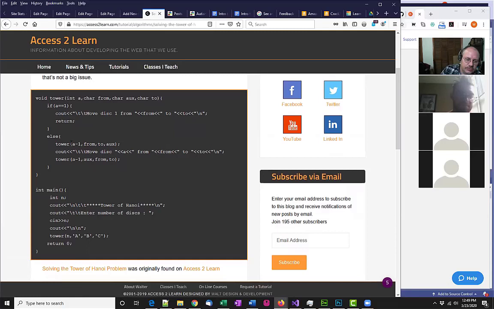Else, we do our tower A minus 1 from to auxiliary, and we have to kind of figure out, okay, where do we move to and where do we go? And this is the whole process. It changes. Notice that when we initially push it in, we do A, B, C.